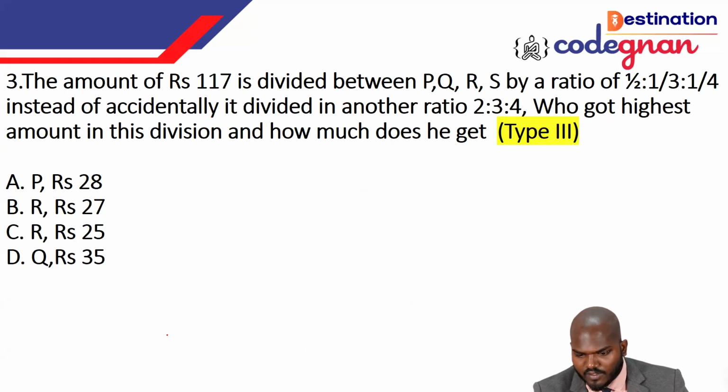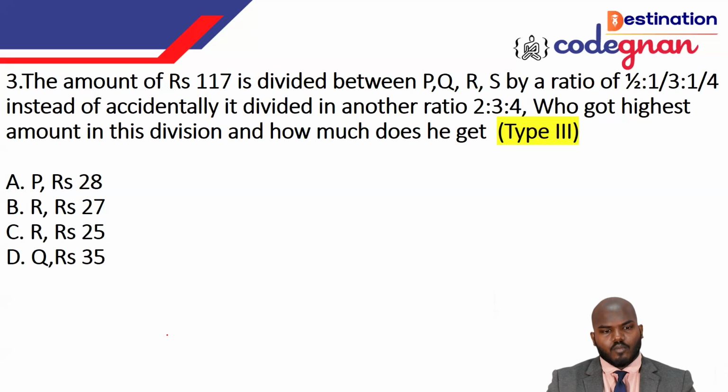You see the next question: an amount of 117 rupees is divided among P, Q, R by the ratio of 1 by 2, 1 by 3 and 1 by 4. But instead, he accidentally divided it in another ratio, 2 is to 3 is to 4.